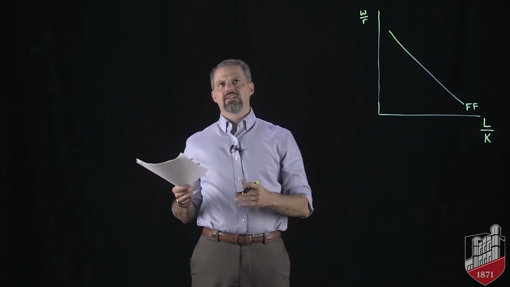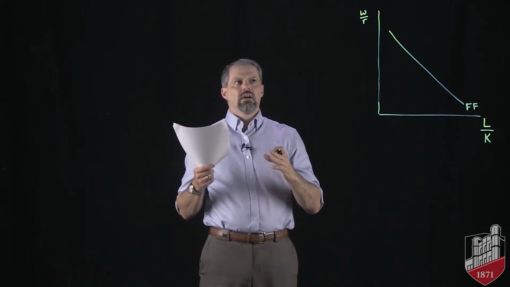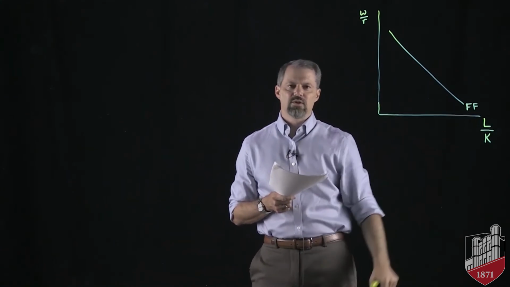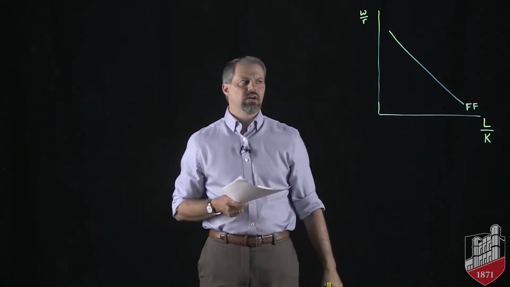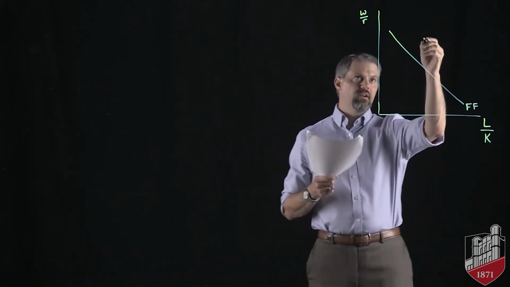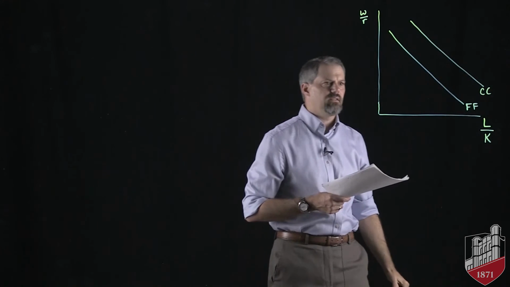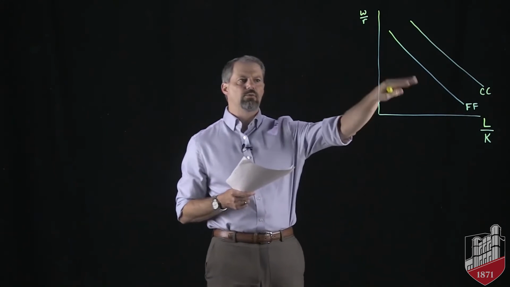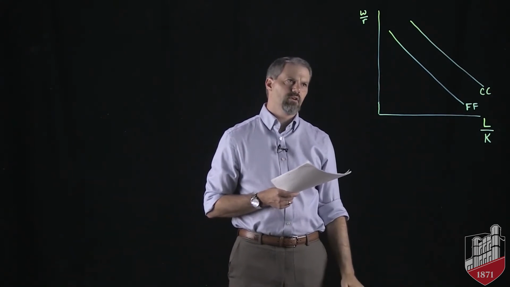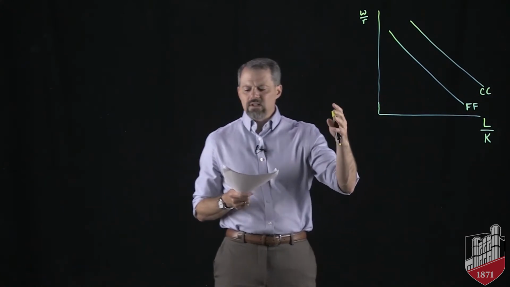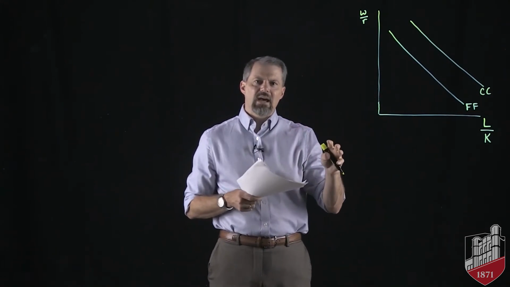We also need to think about the relationship between the relative wage and the relative amount of labor used in cloth production. And I'm going to draw a very similar curve to indicate cloth production. I'm going to put it to the right of the food curve. What these two curves really are, are relative factor demand curves.